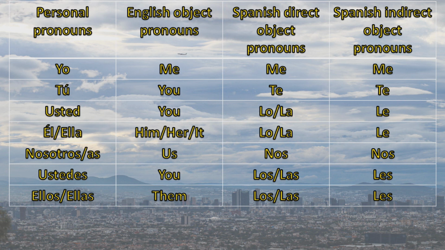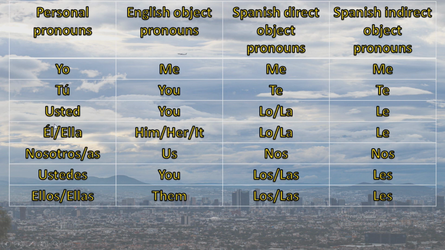So, un regalo is a direct object in Spanish. So, if I wanted to replace un regalo for a direct object pronoun, I have to say un regalo for which personal pronoun do I have to replace it?